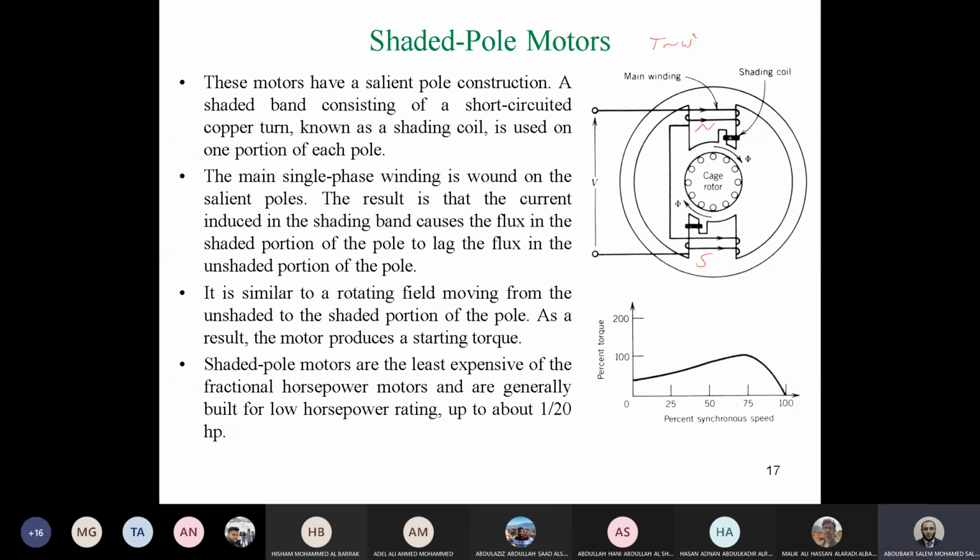The summation of the flux due to the shaded pole in the beginning will act as auxiliary winding. So it will make a small component of flux, okay, Shabab, and it will start the motor. Like that, as you can see, you have small starting torque, but the motor can start and work without any mechanical solution. You can find this type of motor, Shabab, in the fridge fans.